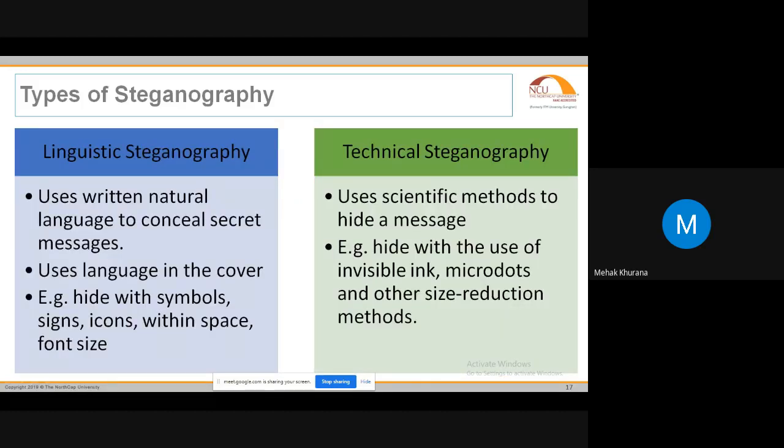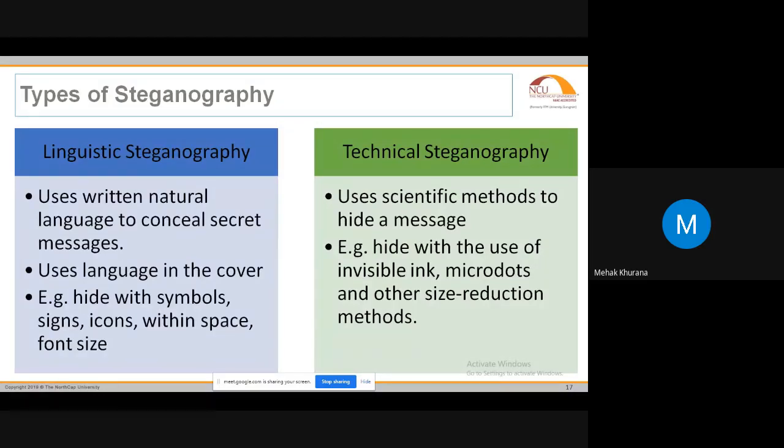Linguistic steganography is basically that we are writing the messages with the help of natural language, that we are concealing a secret message with the help of natural language. Natural language means we are writing in the form of the English language. We are making the language a cover, so that nobody is able to see the message.